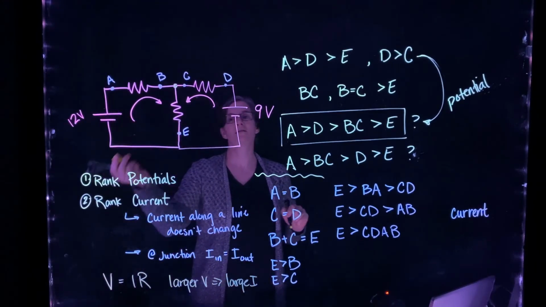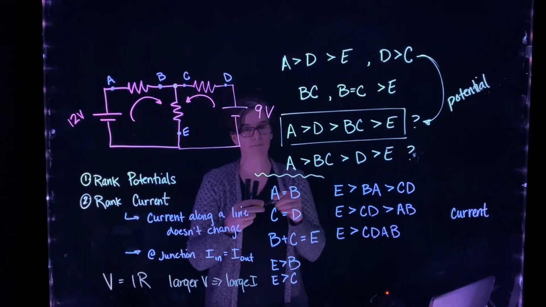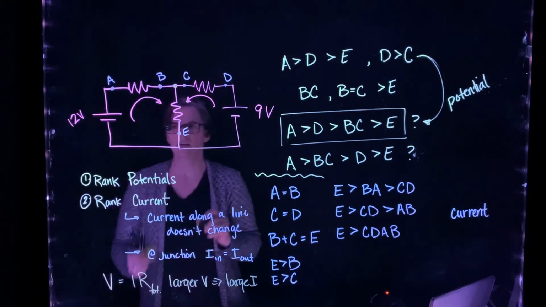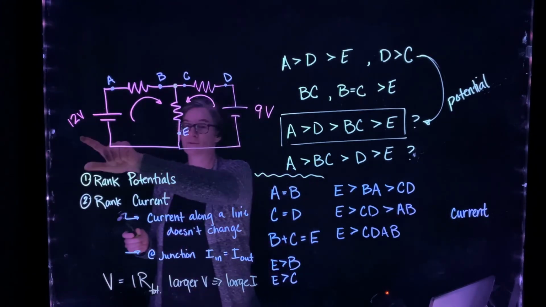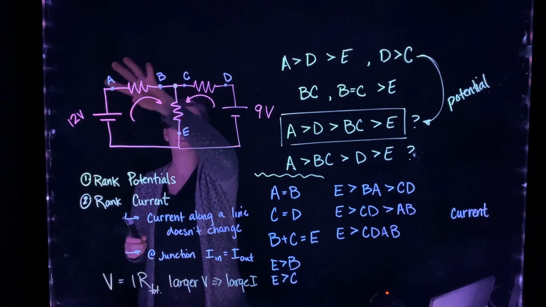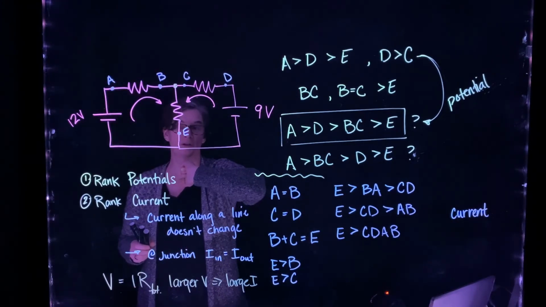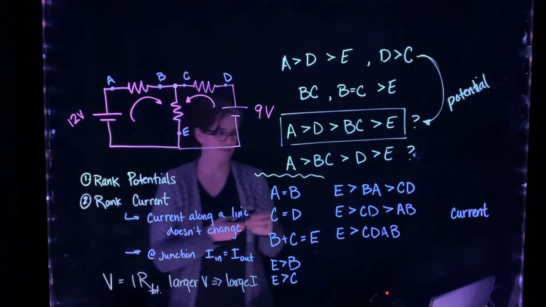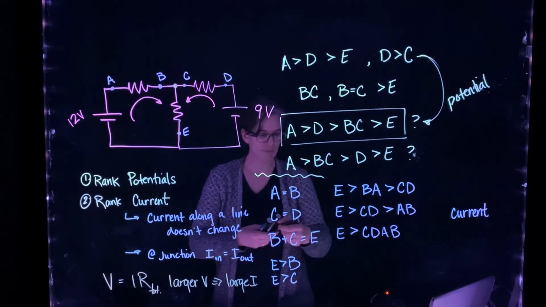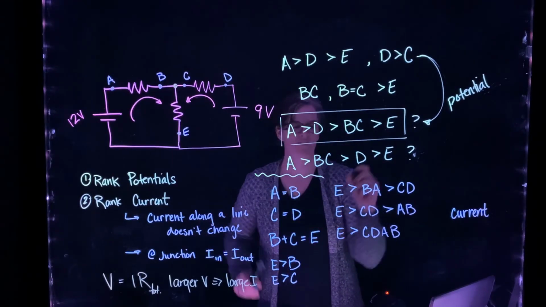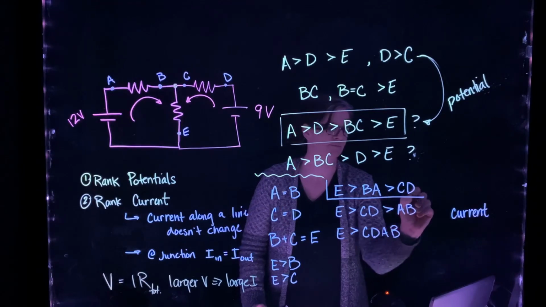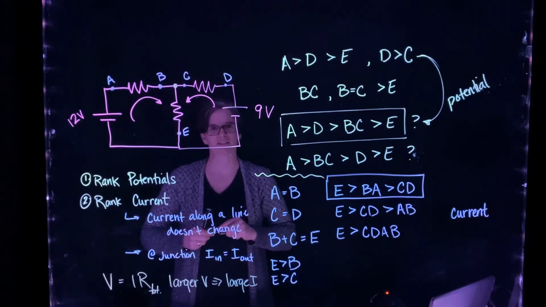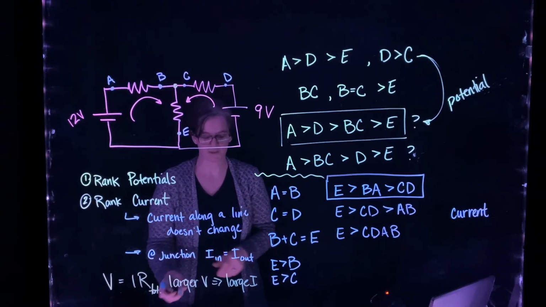Our resistance in the whole circuit is the same. And again, this is total, right? I have a larger voltage on this side, with A and B being the current out of that battery, than I do with the 9 volts. So A and B is greater than C and D. So that is our answer for the second part, to rank the current.